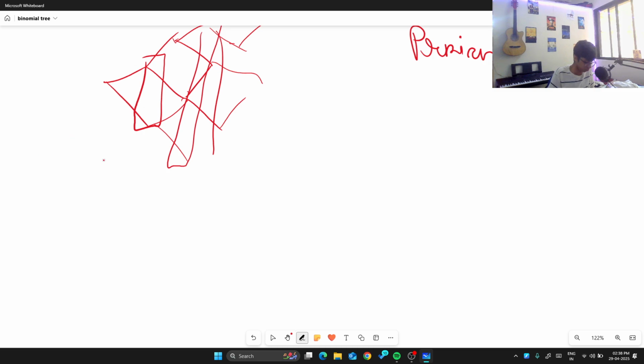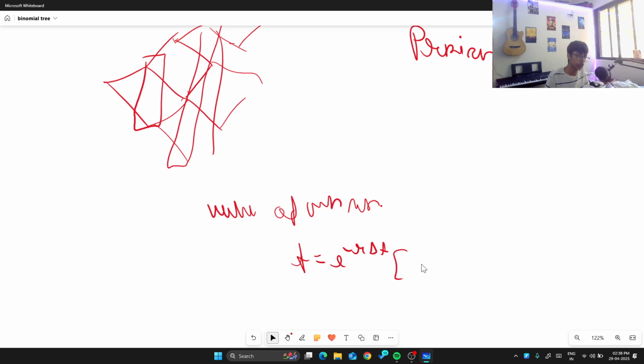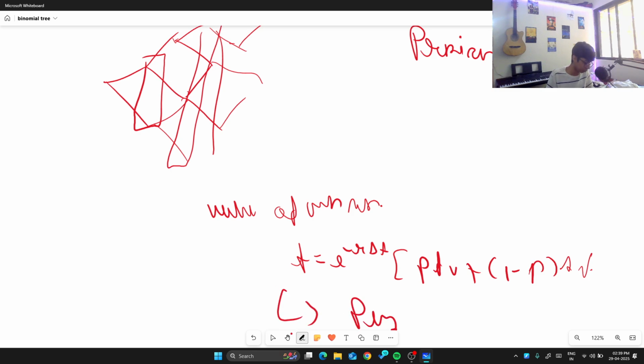So the value of option is given by the same formula, e to the minus r T, p f_u plus 1 minus p f_d. But we have to find the payoff from early exercising.